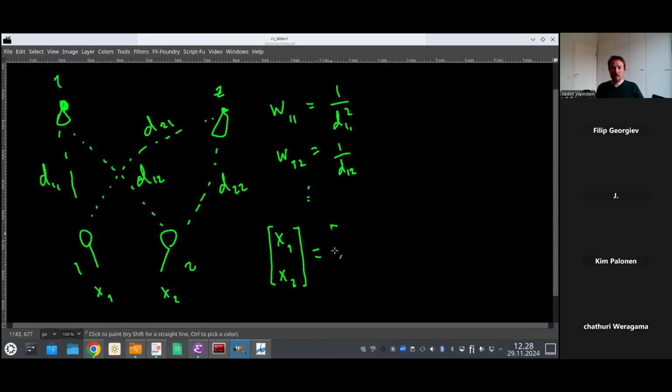It's mixed. So the first microphone gets a weighted sum of the signals. The signals are S1 and S2. So x1 equals w11 S1 plus w12 S2, and x2 equals w21 S1 plus w22 S2. This is what's happening because, for example, this sound source is weighted by w11, and so on.